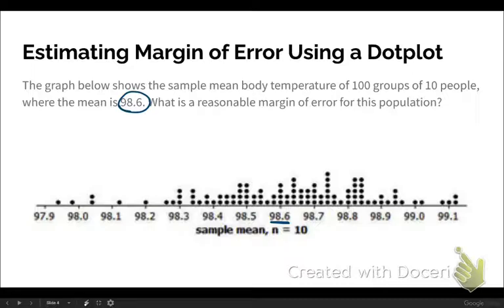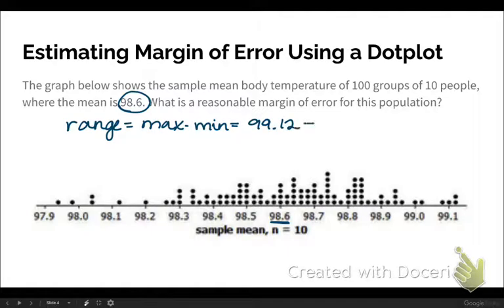So to calculate from a dot plot, we use the range. And remember that the range is your maximum value minus your minimum value. So the largest point we see here is 99.12.